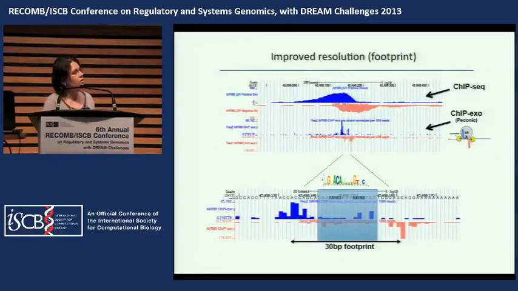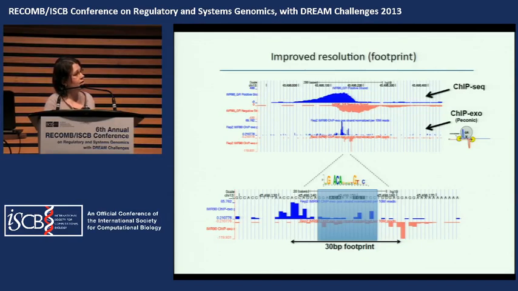Here you see in the genome browser our ChIP-seq reads, in the forward and the reverse strand. And here you can see our ChIP-exo results. Actually, we didn't do the exo ourselves. We sent our samples to the company Peconic, which is a spin-off from the Pugh Lab.